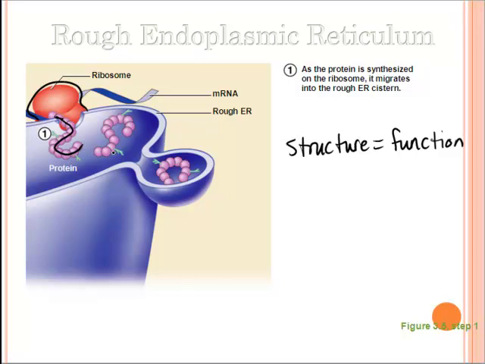So you see that there are some modifications made, the protein has a certain structure, and then the rough ER is going to package that into what we call a vesicle, which is an outbudding of the membrane in the rough ER, and then that vesicle will then travel. So let's watch it move here.